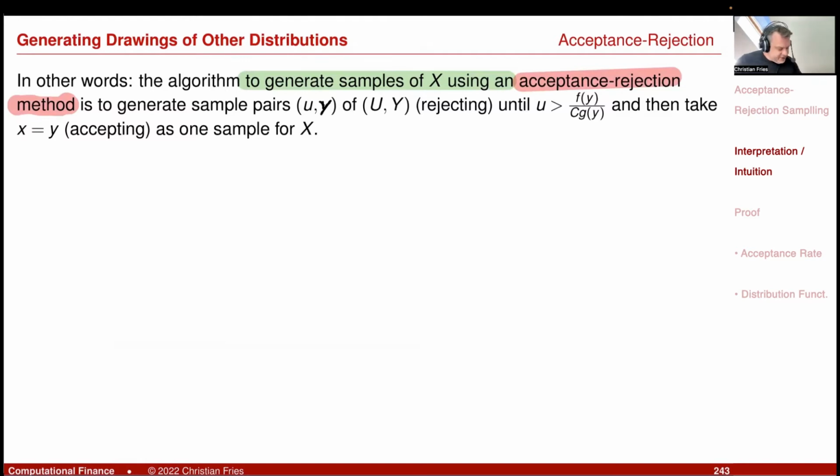To sample such pairs u, little y, and then reject the y until the u is larger than f of y over c times g of y.